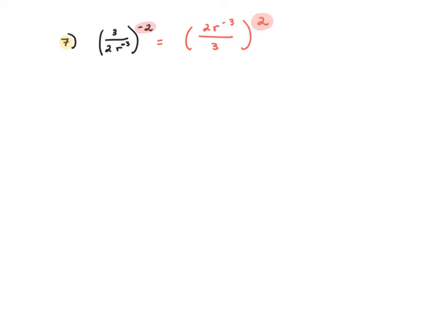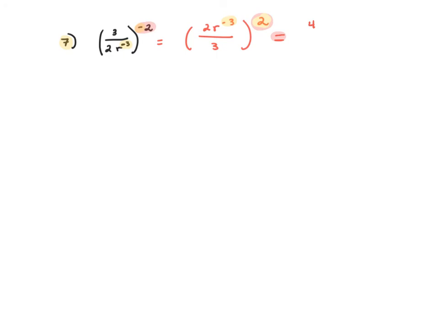But notice how I didn't touch anything on the inside. This negative 3 is still a negative 3. Because what I was resolving was this negative 2 becoming a positive 2. So nothing else changed as far as the exponents or the signs. So now I'm going to raise everything to the second power. 2 to the second power is 4.